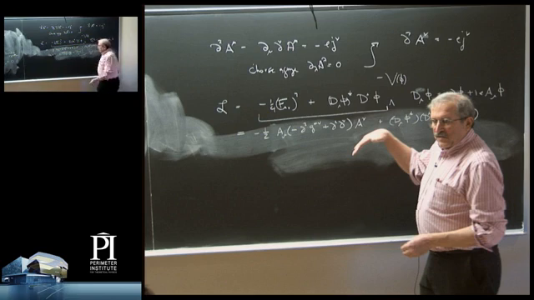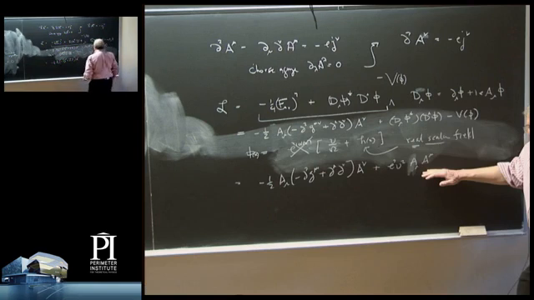I can then use my gauge freedom to gauge away this factor. And then let me plug this into this equation. So what's going to happen is the following. From here, I'm going to get plus e squared v squared A mu squared.